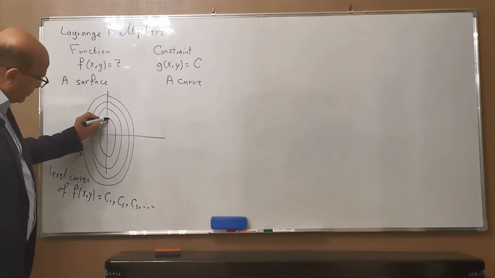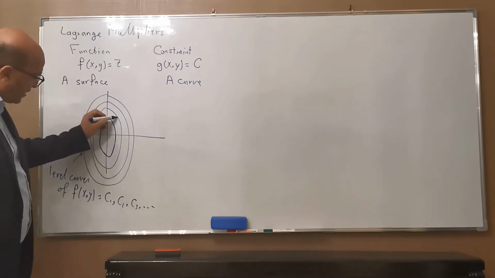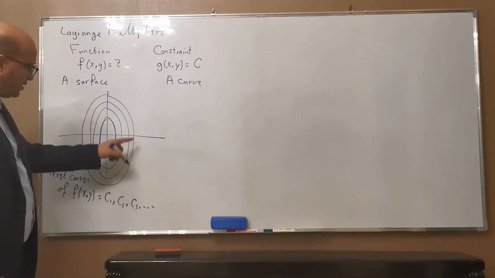We have all those with a certain value of c. The second one is second c, third c, and so on.